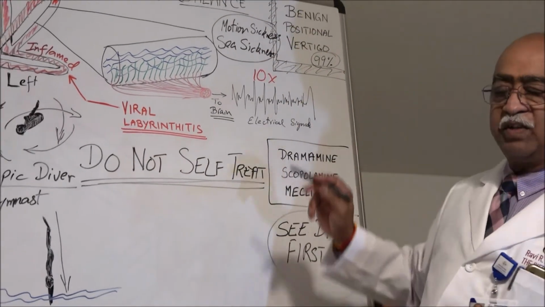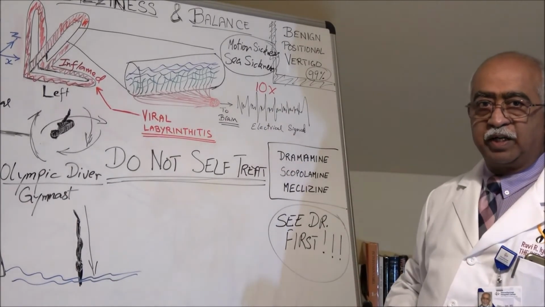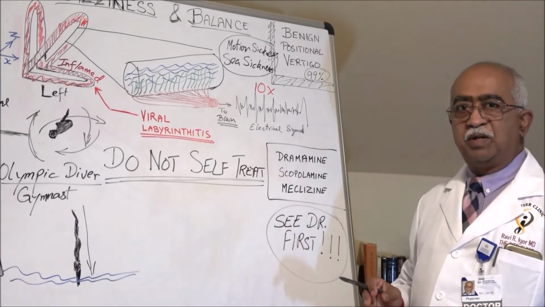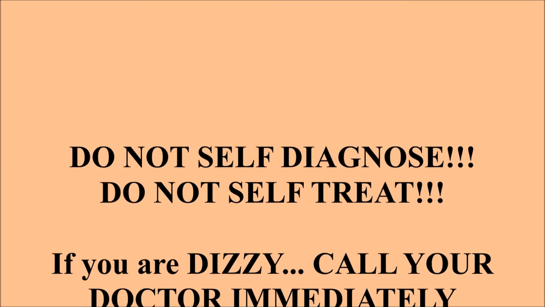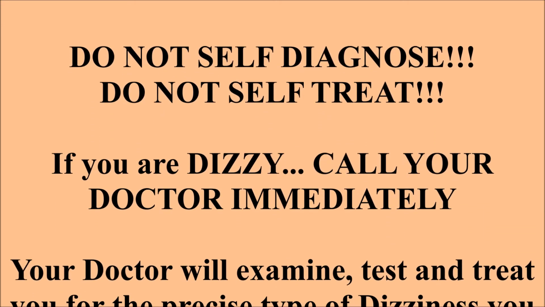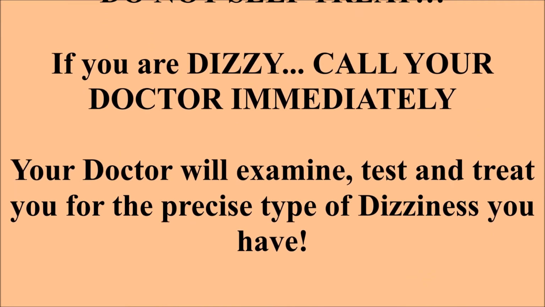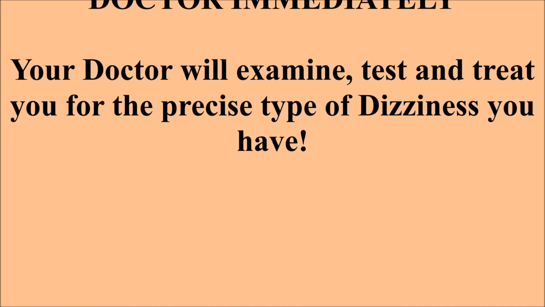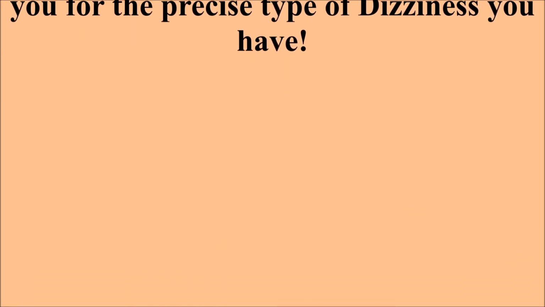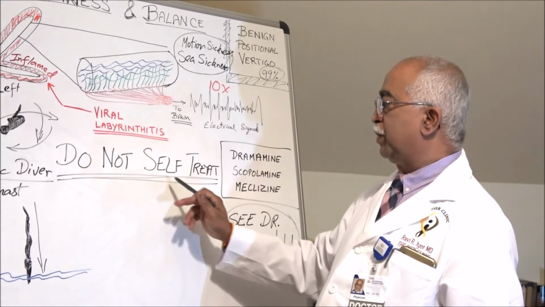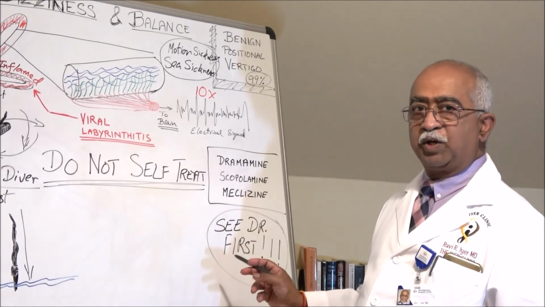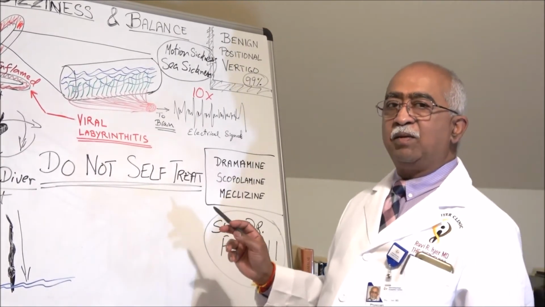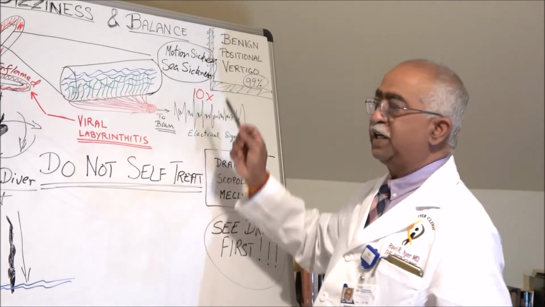Even though 9 out of 10 is benign positional vertigo, it is your doctor's job to decide what it is and what should be done for it. So please, if you are dizzy, call your doctor, schedule an appointment, and see him, and have him test you and determine that it is indeed BPV.